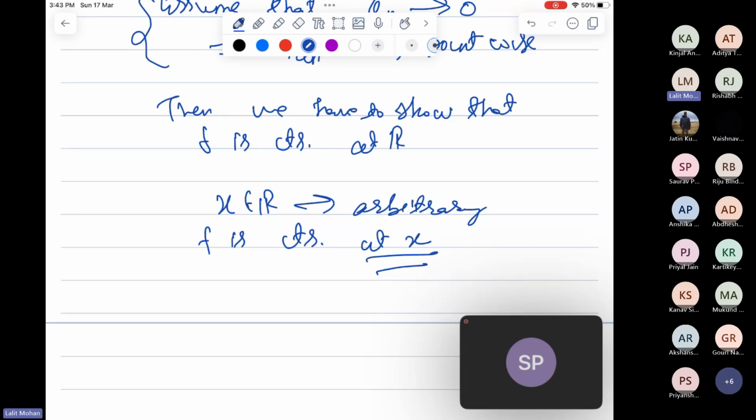So I am asking, there is some sequential criteria of continuity to show that a function is continuous at a given point. Can you please tell me that? You don't know the sequential criteria.